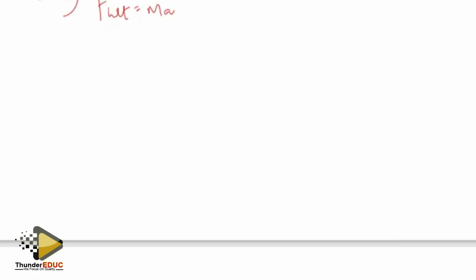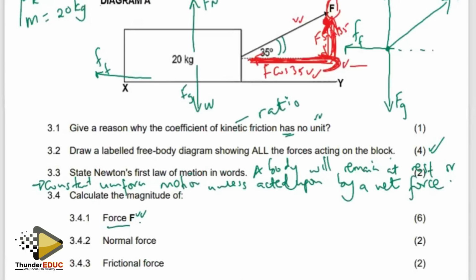So I'll have my F cos of 35 minus my frictional force, I'll call it Fk or Ff, should give me ma, because horizontally it's just this and then that. Ff, or sometimes you can call it kinetic friction force.